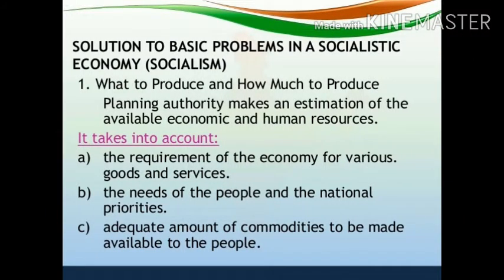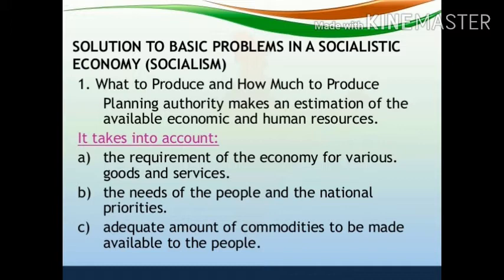So how are the basic problems in a socialist economy solved? What to produce and how much to produce. These are the two central problems in any economy. In a socialist economy, the planning authority, an organized body, makes an estimation of the available economic and human resources.